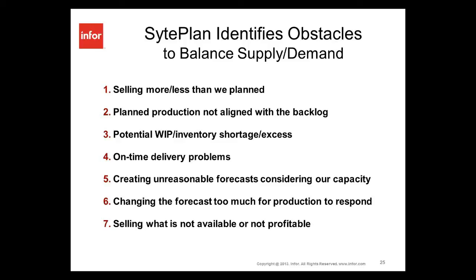These are just examples I have on this slide, but some of these forms are designed to point out where you're selling more or less than you planned, where you're changing your forecast too suddenly for production to be able to respond to those adequately, where you're building up inventory or having inventory shortage problems, on-time delivery problems with shipping to your customers, or on-time delivery with your vendors delivering to you.